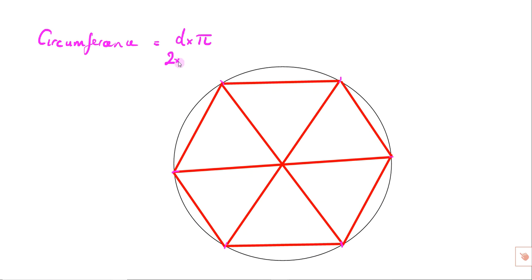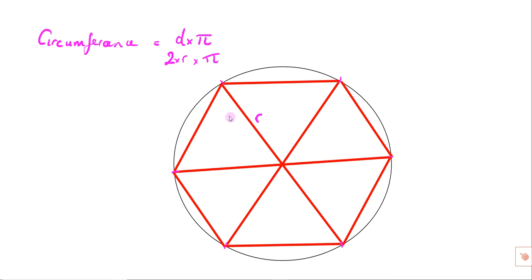So what we've said is that the circumference of the circle is, if I change it to 2 times the radius times pi, and we've got 6 sides. Now, does that fit? Does that work? For instance, this line that we measured using my compass is the radius of the circle.